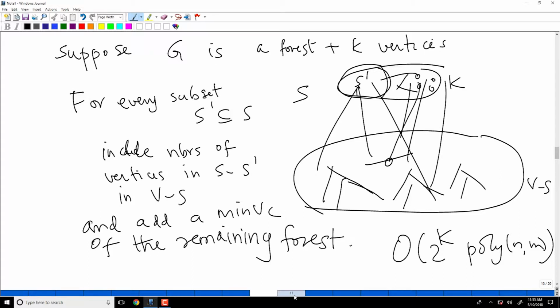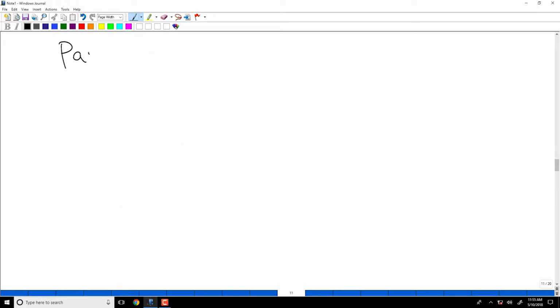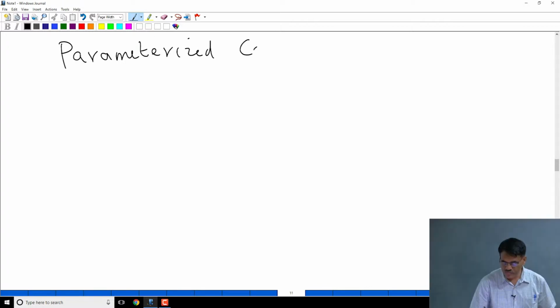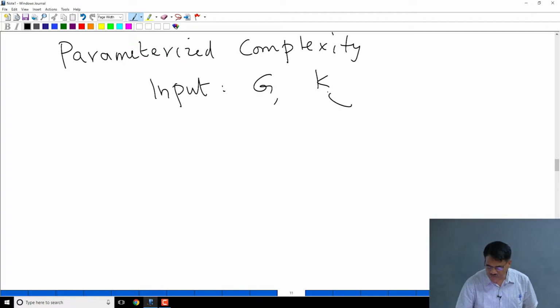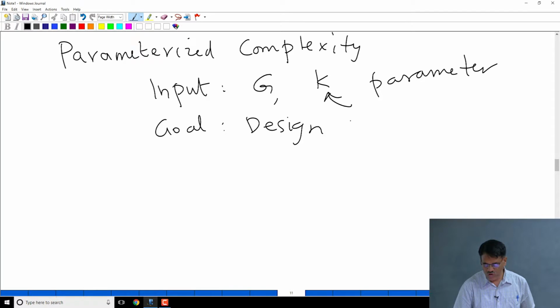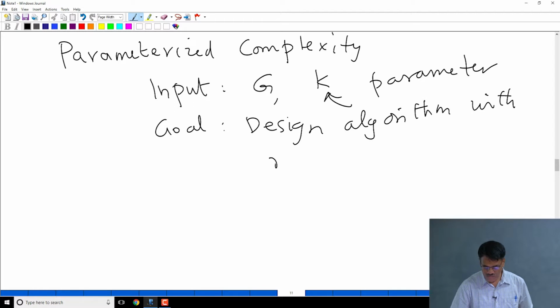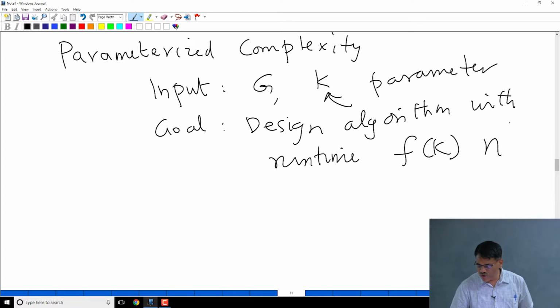So, in general this is what parameterized complexity is. Your input has, let us say, a graph, but it could be anything, and there is a parameter k, and the goal is to design an algorithm with runtime some f of k times poly in n to the power C, where this C is independent of k.